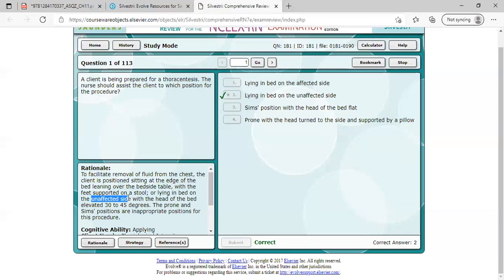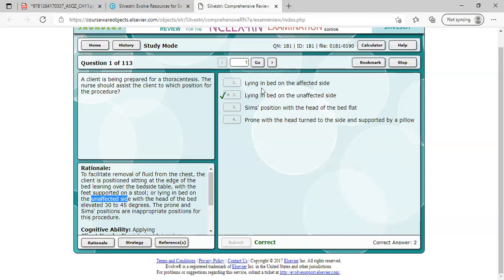So both are correct, either sitting on the edge of the bed but leaning over the bedside table, or lying down on the unaffected side, with the head of the bed elevated 30 to 45 degrees. Prone and Sims position are inappropriate for thoracentesis.